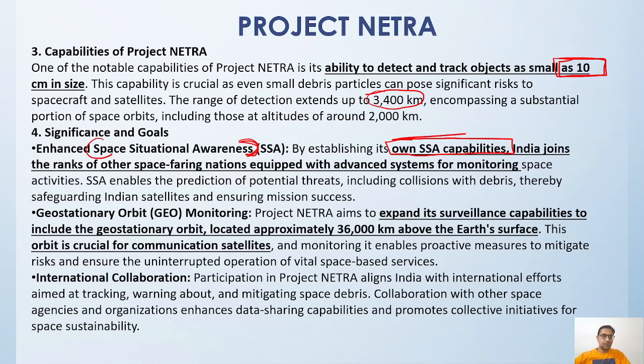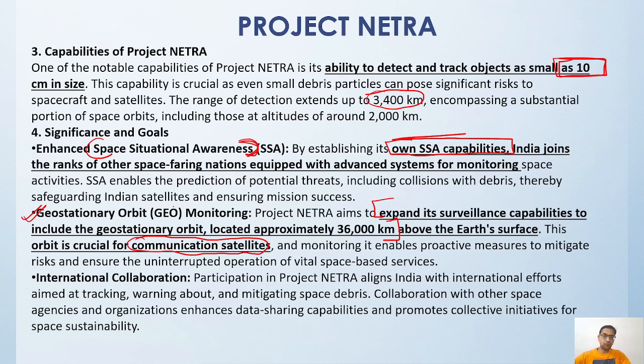It will be helpful in geostationary orbit monitoring, because we are aiming to extend our surveillance capabilities. Geostationary orbit is around 36,000 kilometers above the surface of the earth, and at this place all our communication satellites are normally put.